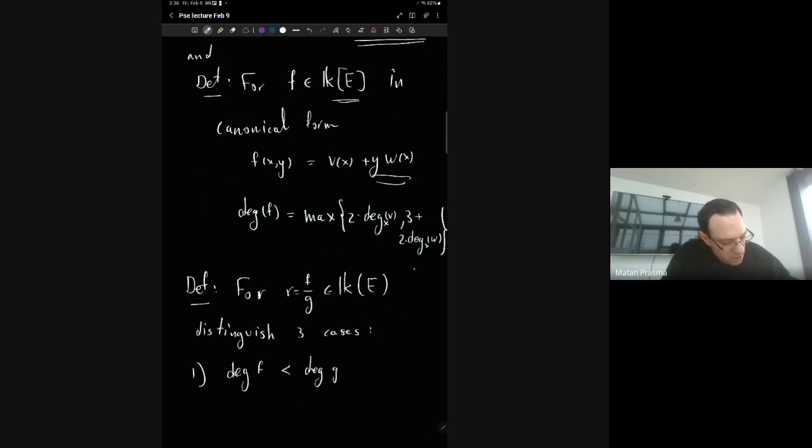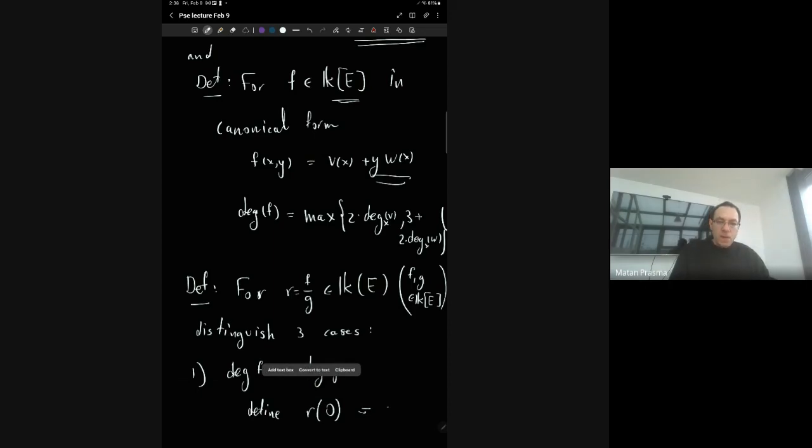Remember, f and g are polynomials over E. If the degree of f is smaller than the degree of g, we define R at the point at infinity to be infinity. Sorry, to be 0.